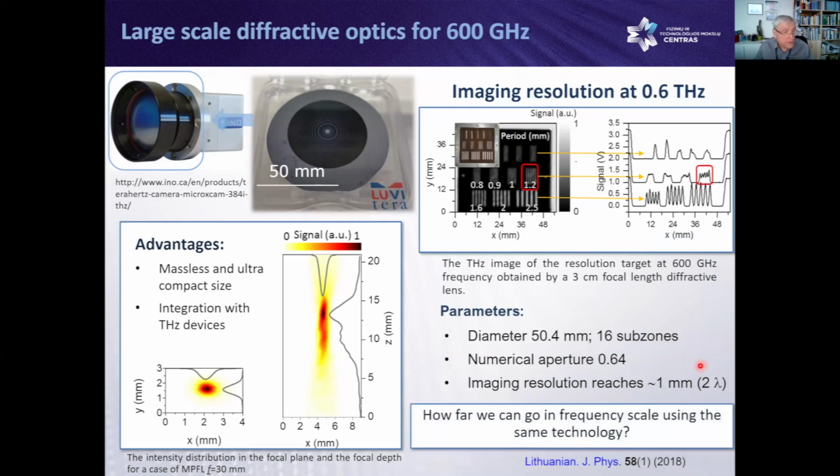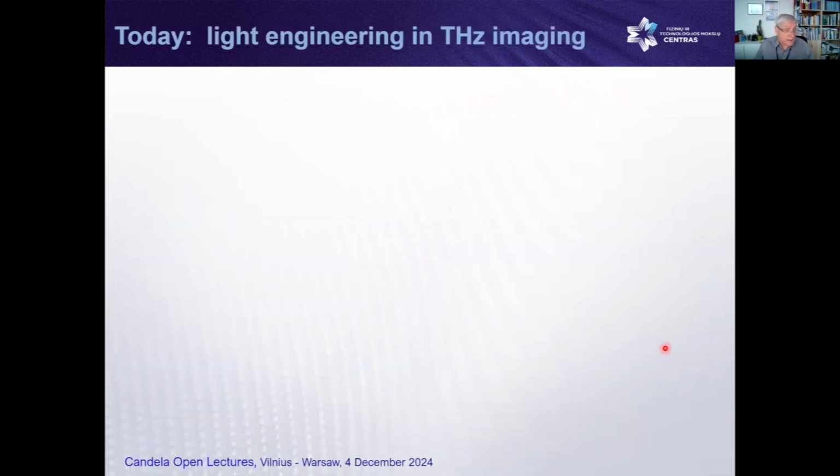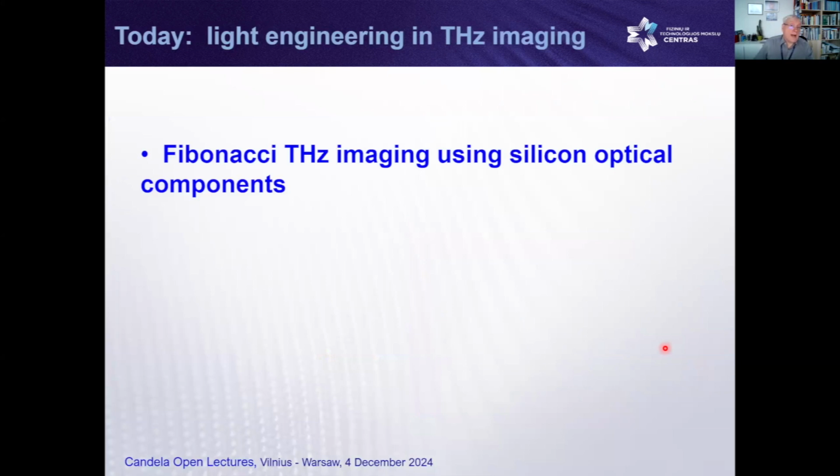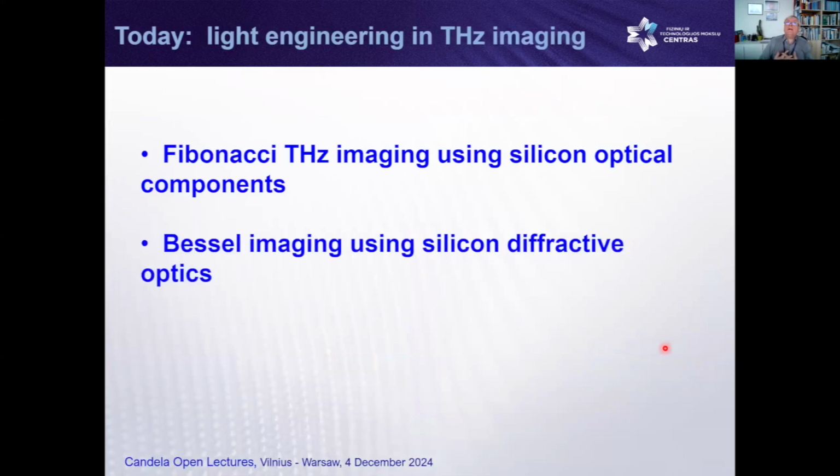going for security systems. And another option is how far we can go with light engineering. As a rule, in imaging, people are using a Gaussian mode. We decided to learn a little bit on optics. First we were going Fibonacci first, but Bessel imaging was used just to have a good variety of options in using security checks for postal envelopes, because a Bessel beam is like a needle.